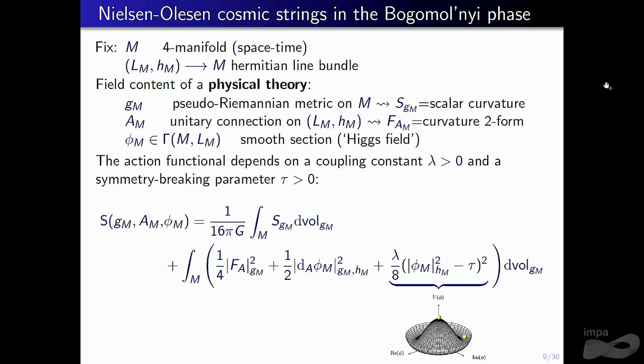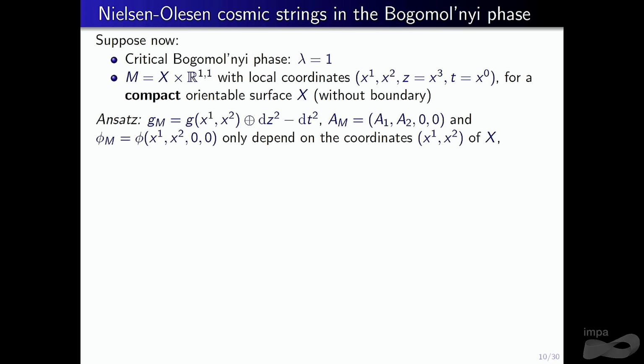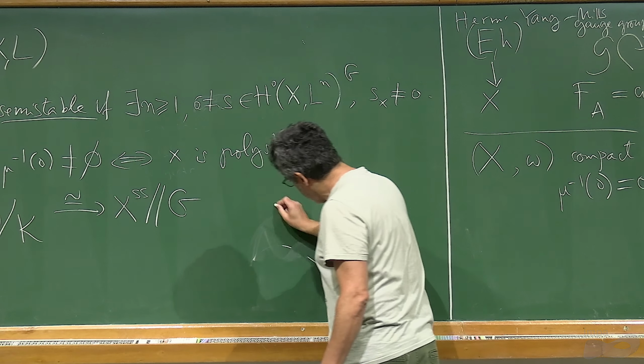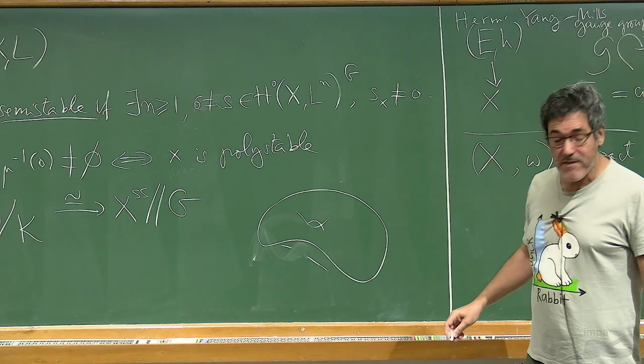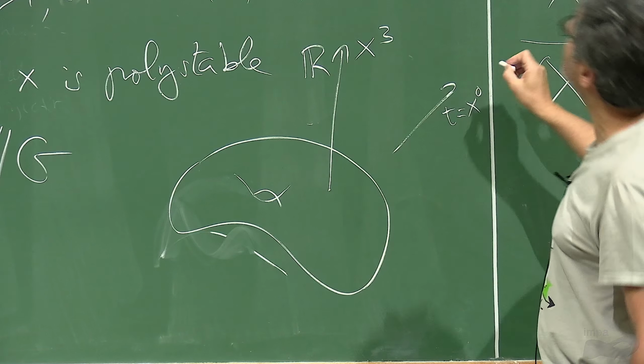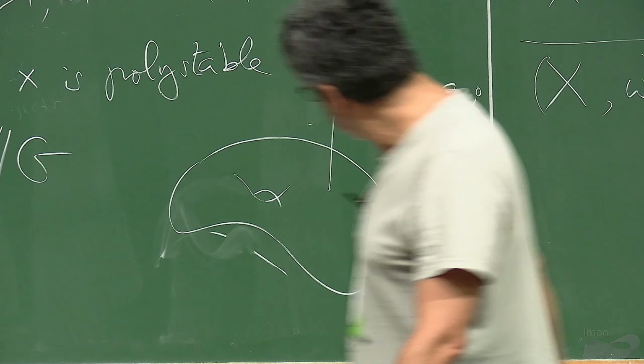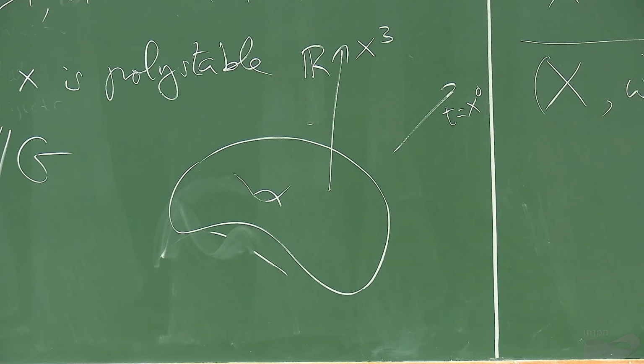Then we are interested in the special case. Solving this in general is too difficult, I guess. So we assume now that our space-time is some surface times R, in some vertical direction and in time. I'm interested in the geometry on the surface.